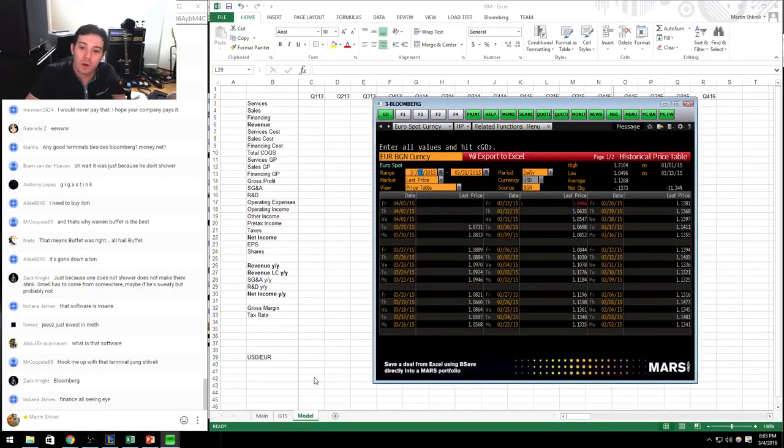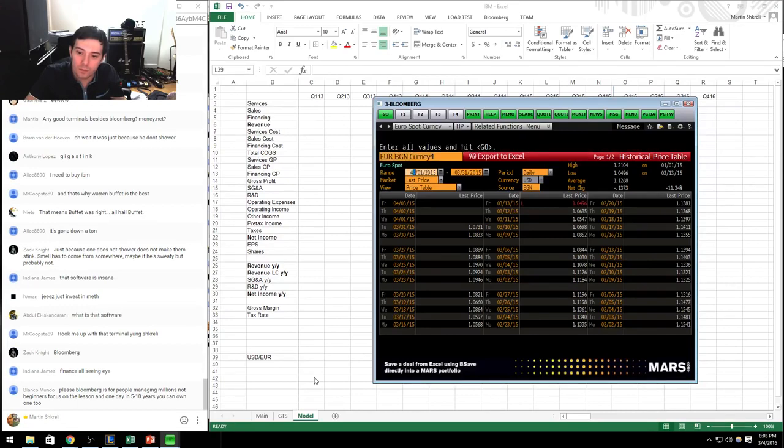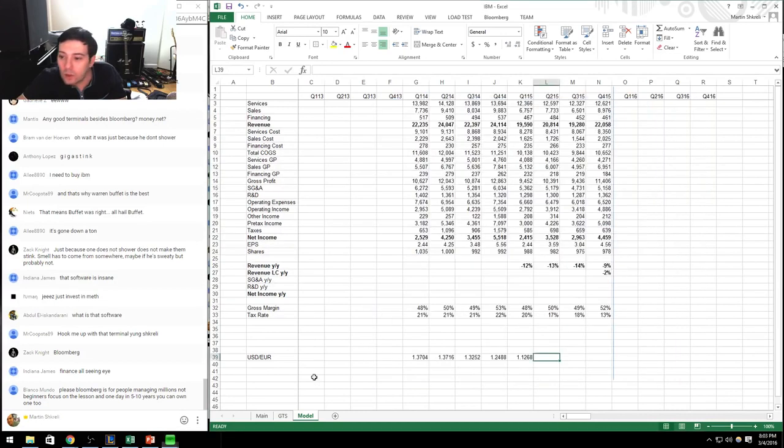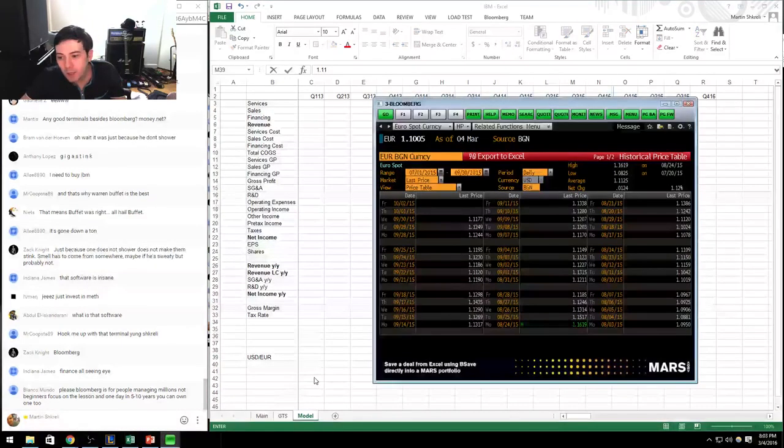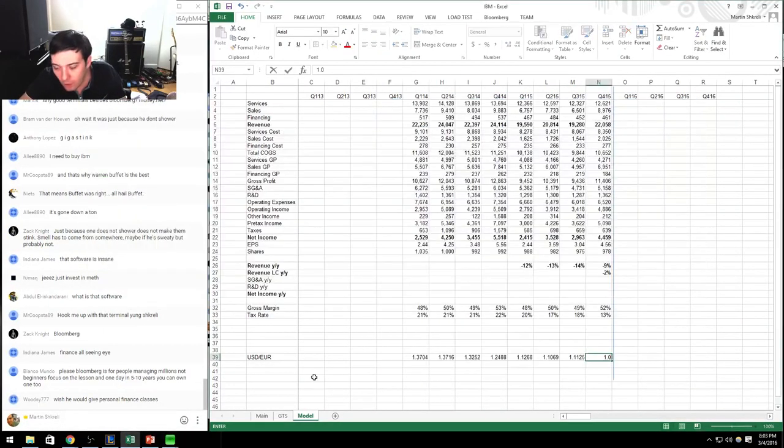Big drops in the euro relative to the dollar. 110.69, another drop. 111, kind of stabilizing. And how about last quarter, literally just a few months ago? 109.52. So if you do a year over year, you'll see that the euro dropped 12% year over year.